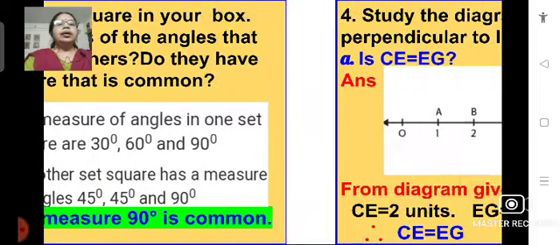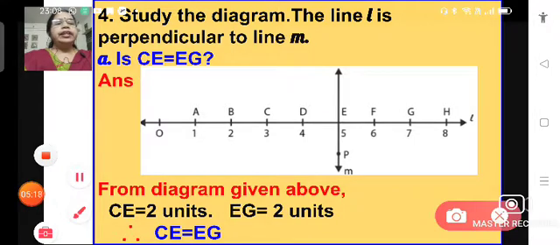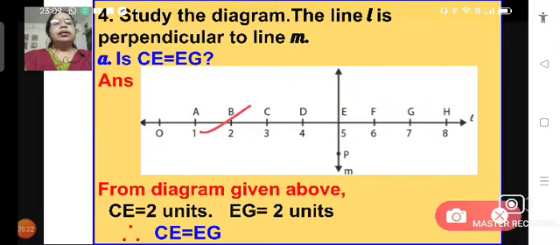Question number 4. Study the diagram. The line L is perpendicular to line M. Is CE equal to EG? Now children, we have two lines L and M which are perpendicular to each other, and line L is divided into 8 equal parts. We have to decide, is CE equal to EG.